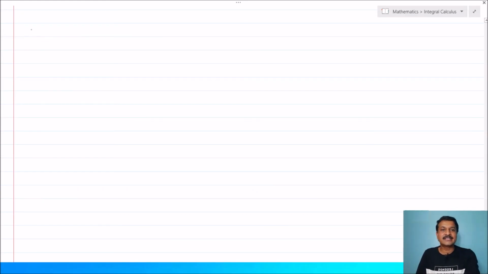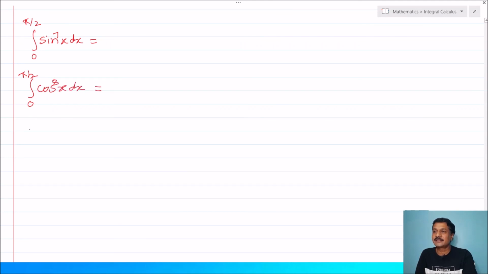Let's consider some examples on reduction formulas. By using this reduction formula, we can directly find the values. For example, integration 0 to pi by 2 sine x raised to 7 dx. What is the value of this one? Then integration 0 to pi by 2 cos x raised to 8 dx. Integration 0 to pi by 2 sine x raised to 7 into cos x raised to 4 dx.